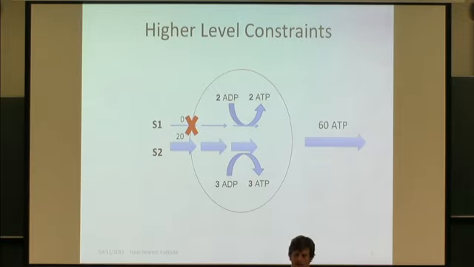So this can be added by adding a higher level constraint: instead of constraining individual substrates, you could constrain total uptake or total flux in the cell, which would do a similar thing.